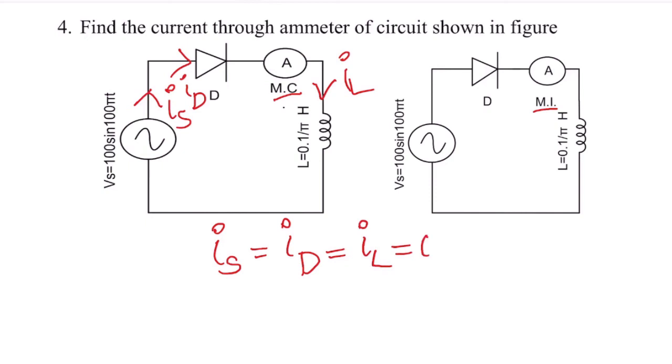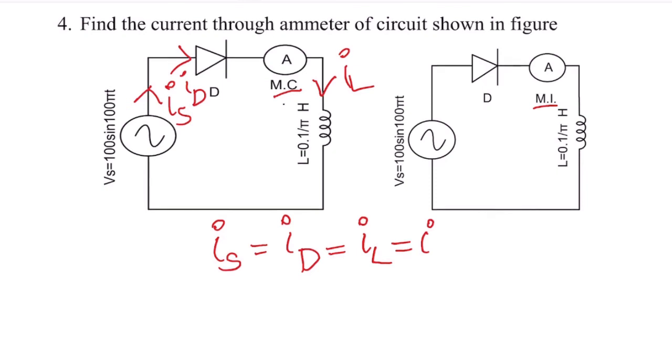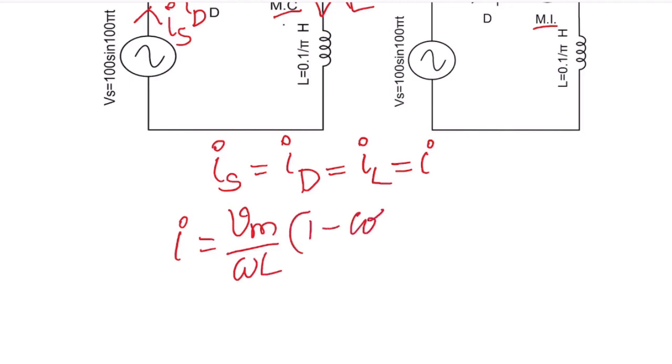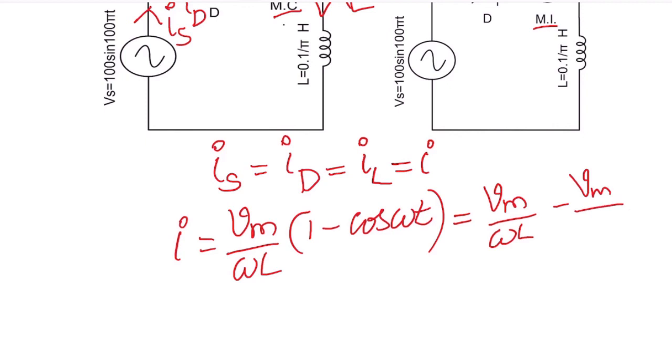Because there are so many variables, it is confusing, so all are the same and I'm indicating them by I. Deriving the expression, I get I is equal to Vm by omega L into (1 minus cos omega t). Elaborating this, it becomes Vm by omega L minus Vm by omega L into cos omega t.